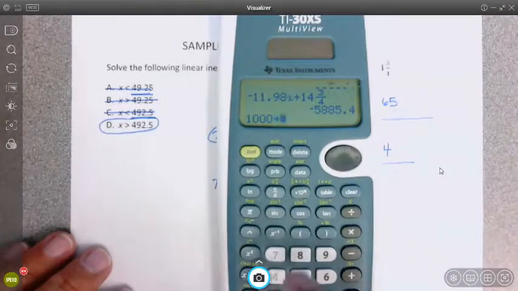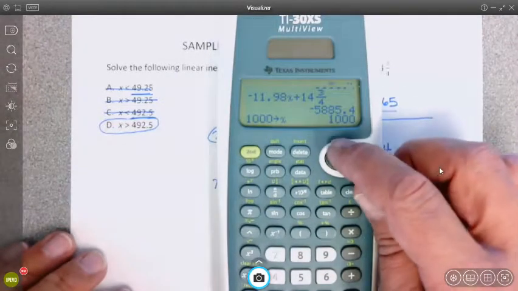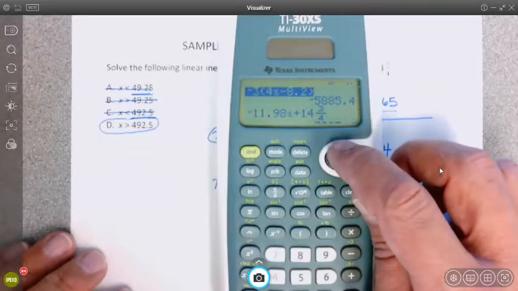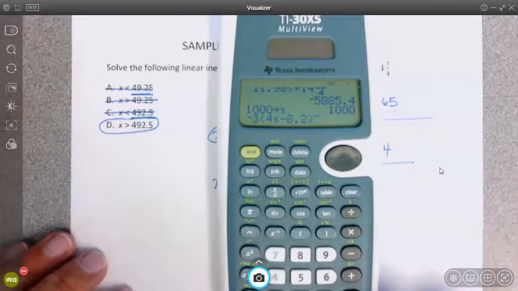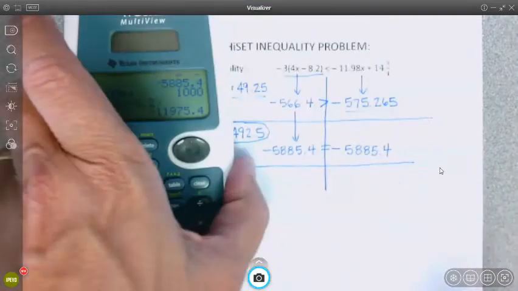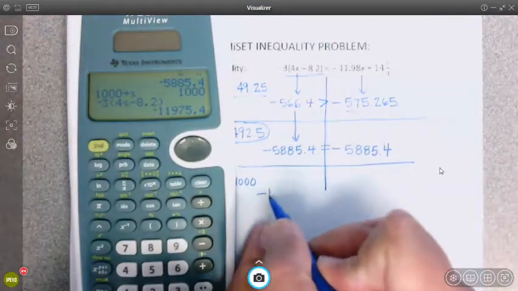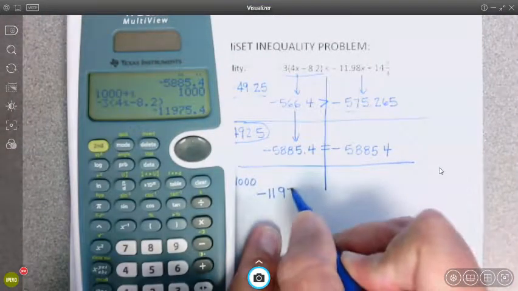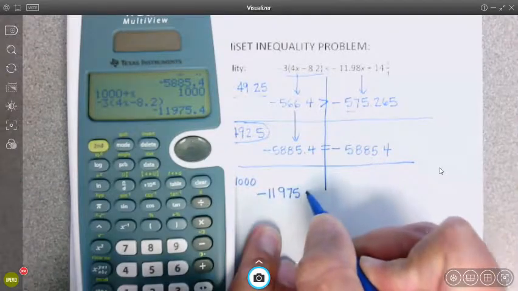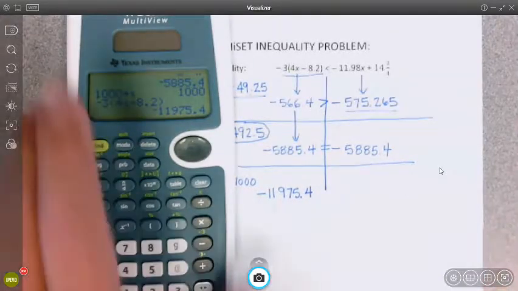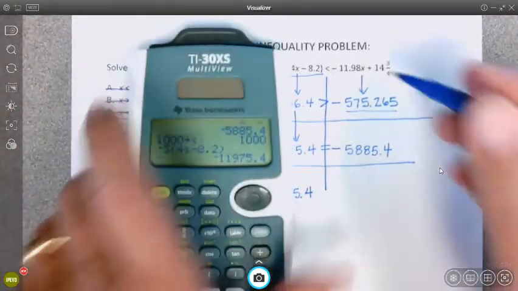Let me go back. Store that in for x. Enter. And then now I'm going to go back to the left-hand expression and see what its value is when x is 1,000. The value is negative 11,975 and 4/10.